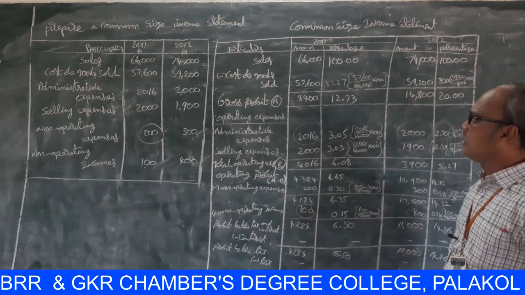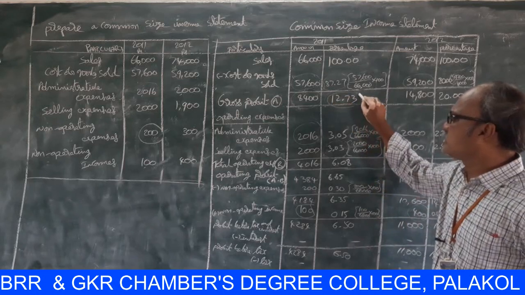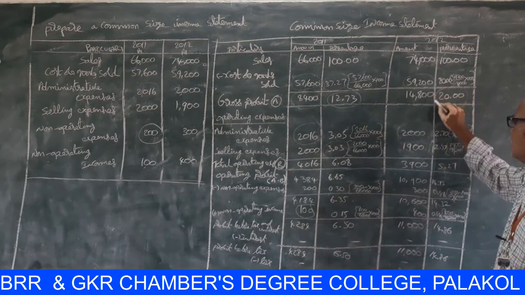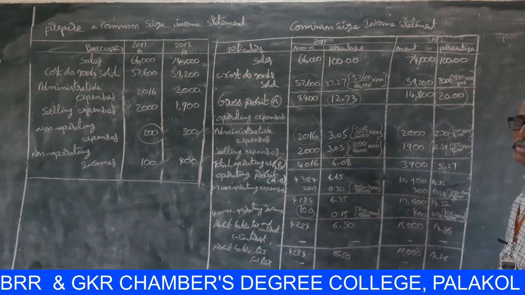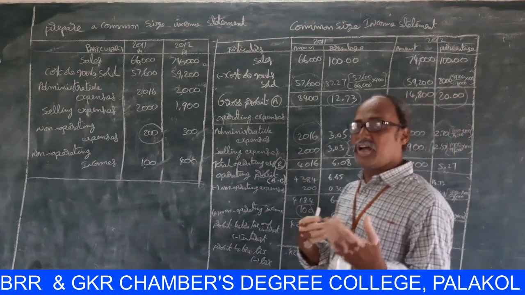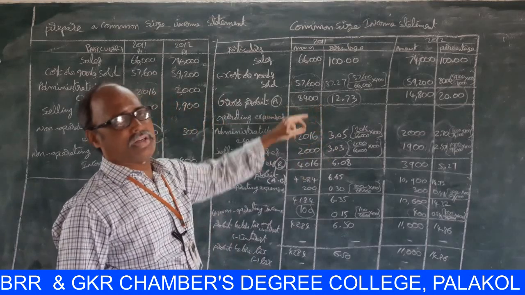That's why in the year 2011 we got a gross profit of 12.73, and in the year 2012 the profit is 20%. Because the cost of goods sold percentage is lower than the sales, that's why we got the profit here.